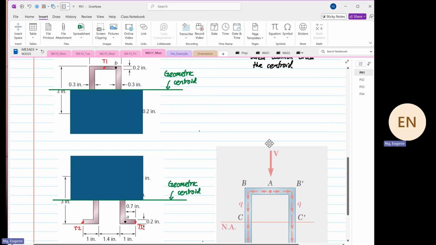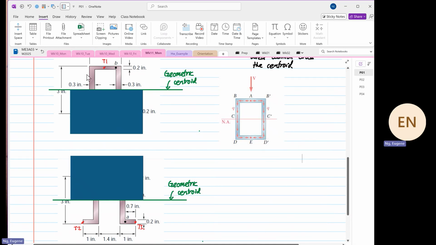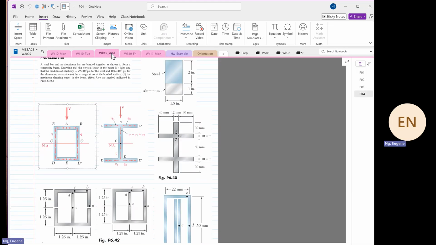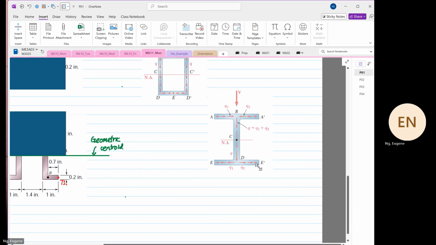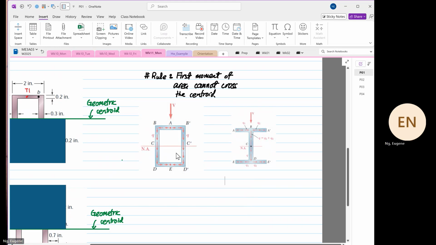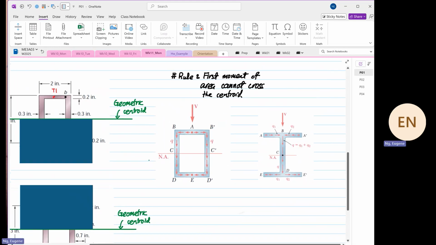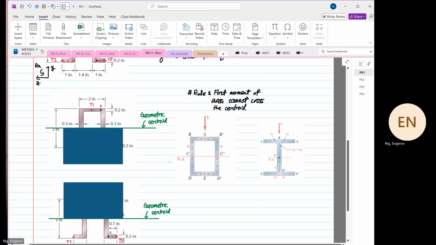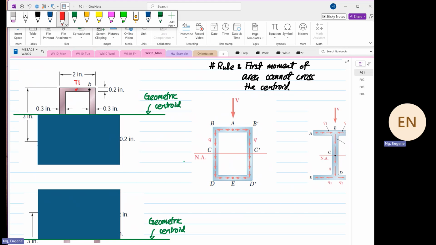Okay, so we know that this is a box beam, and we are aware that the other one, we call it a wide flange. Right? So you have a box beam, and you have a wide flange. Now, I want you to now focus on the shear flow.